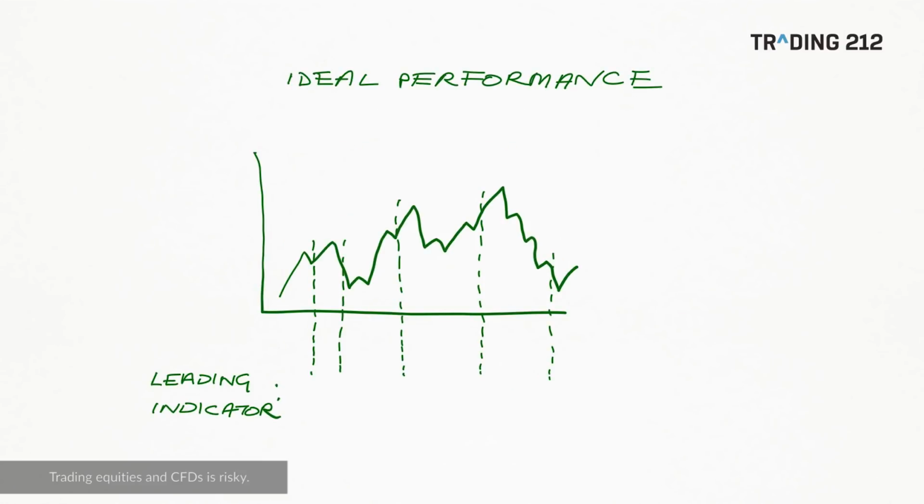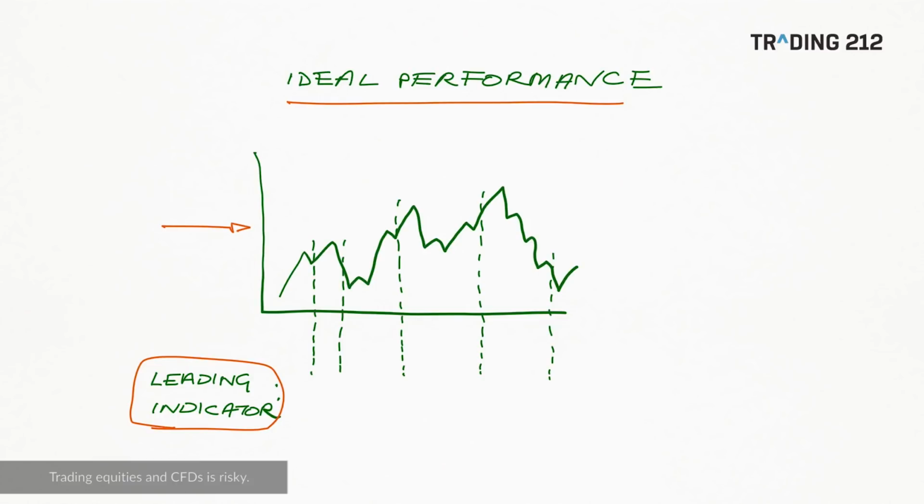So this is to show you a representation of what we might expect as an ideal performance of a leading indicator. So here is our price chart, and let's say that our leading indicator is going to give us trading signals.